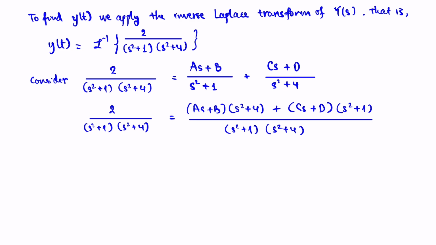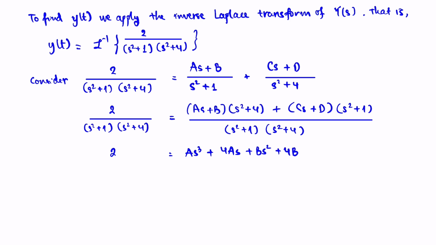So the denominator is the same, just match the numerators. So you have 2 equal to, now you're going to distribute and then later combine like terms: as cubed plus 4as plus bs squared plus 4b plus cs cubed plus cs plus ds squared plus d.